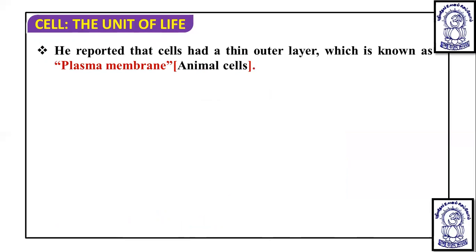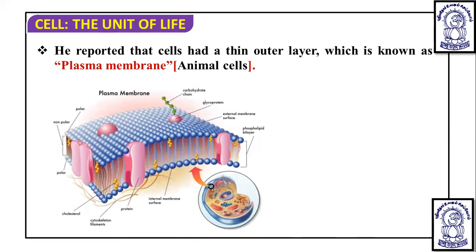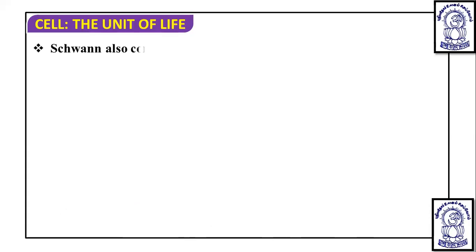He found that animal cells lack a cell wall, and they are instead covered by a membrane. So this is the cell membrane structure, which looks like this, covering the animal cell.